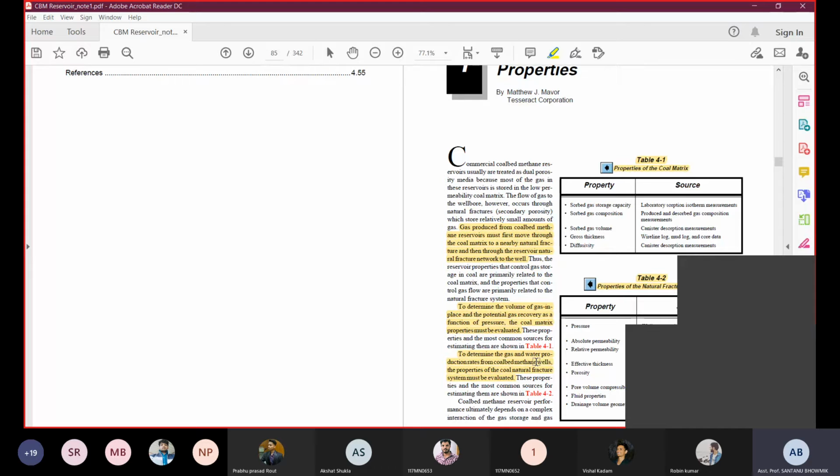Next is the porosity. Why is porosity important? Porosity relates to the fracture system. Porosity of the pores and porosity of the fracture systems are different. Porosity gives you the idea about the ratio of the void volume to the total volume.